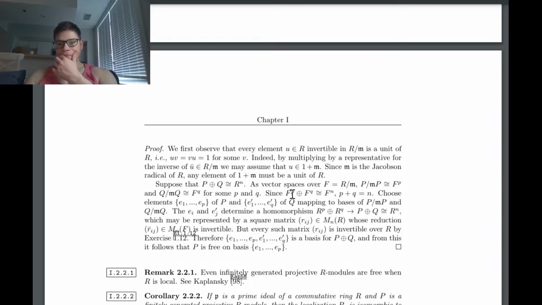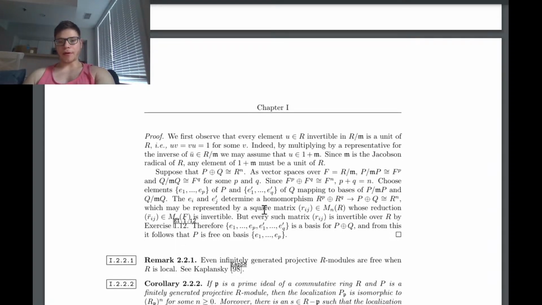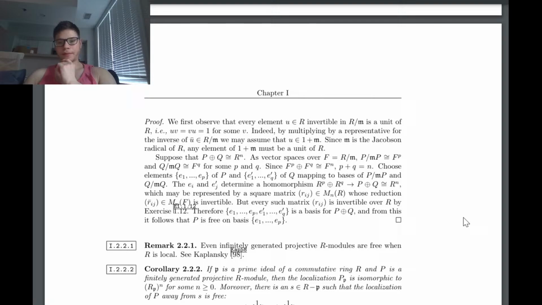Okay, so choose lifts of bases, and the e_i and e_j determine a homomorphism from Rn to Rn, which may be represented by a square matrix whose reduction is invertible, because that gives basically a change of basis matrix from this new basis to the standard basis. But every such matrix is invertible over R by an exercise.